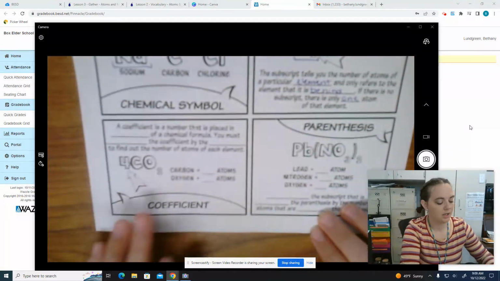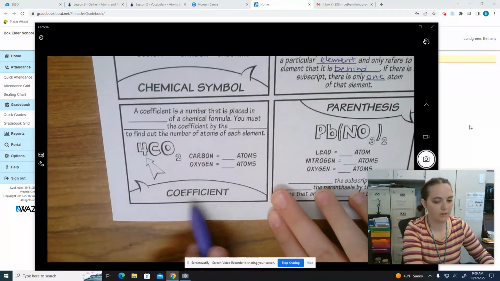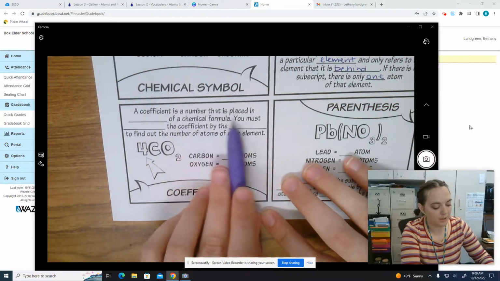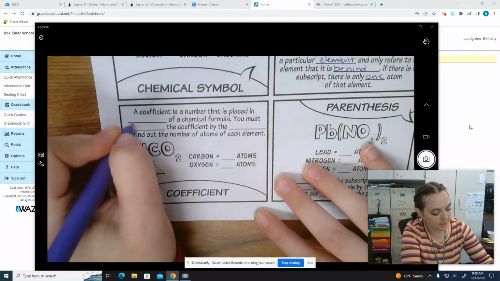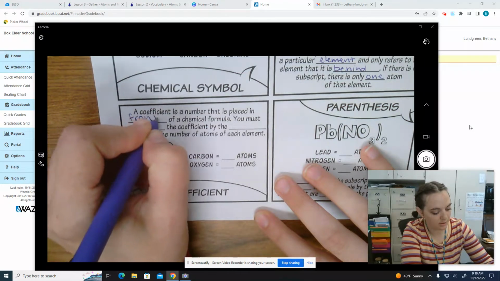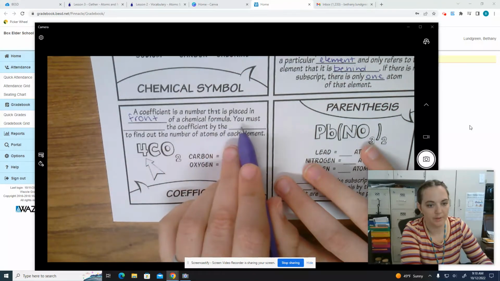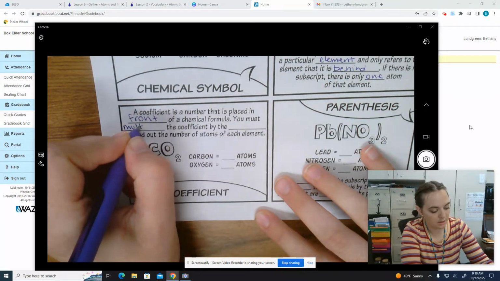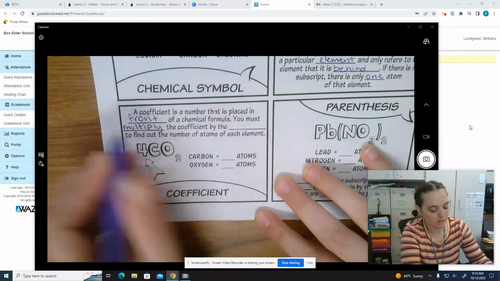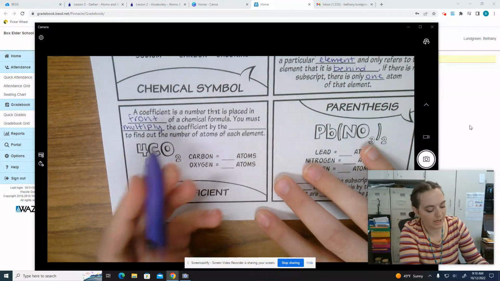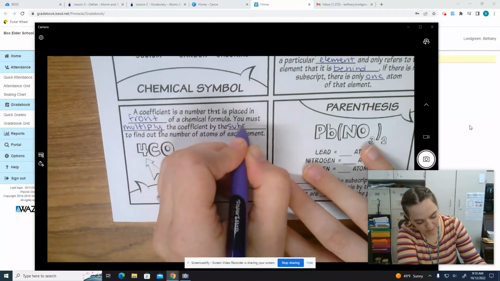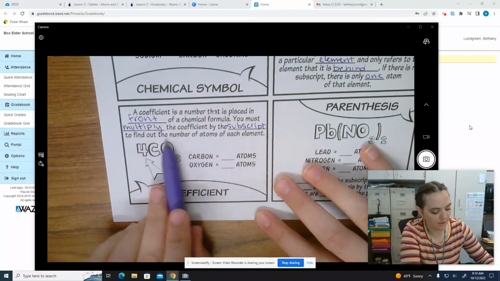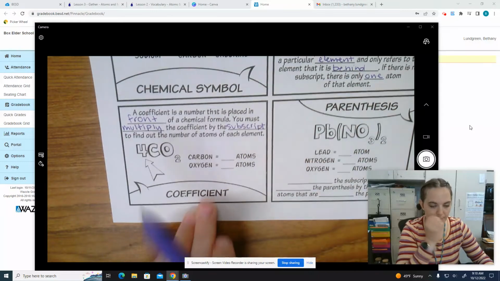Now, our next one is called a coefficient. A coefficient is a number that is placed in front of a chemical formula. You must multiply the coefficient by the subscript to find out the number of atoms of each element.